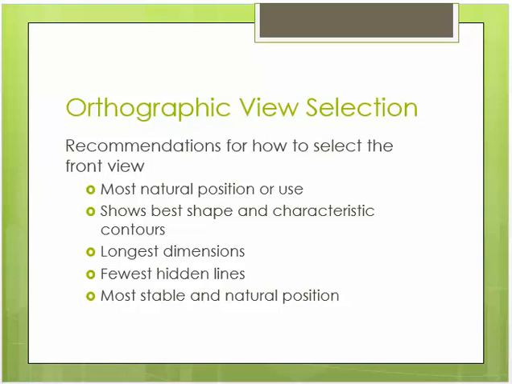Okay, orthographic view selection. What this really means is how am I going to pick my front side. How to pick the front. Well, first and most important, how does the piece normally sit? I mean, is there a way that the thing normally sits?